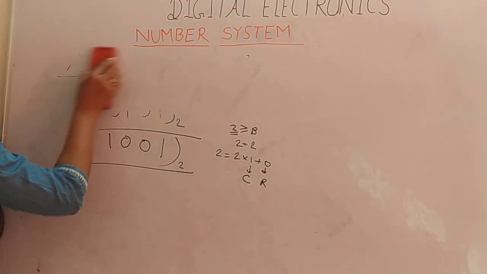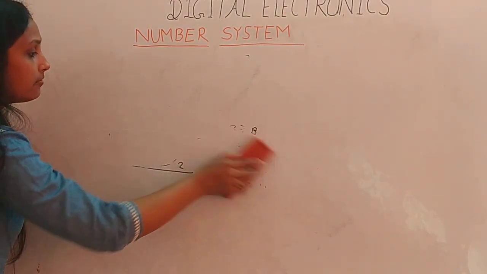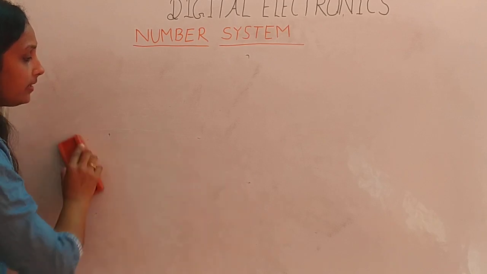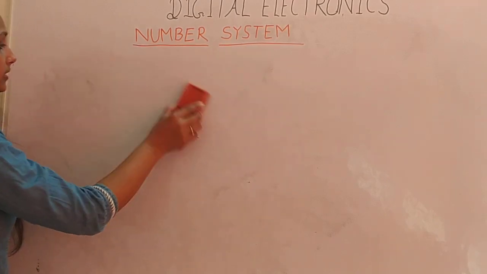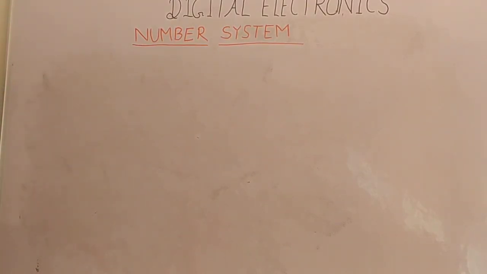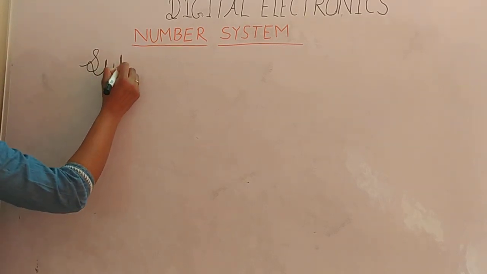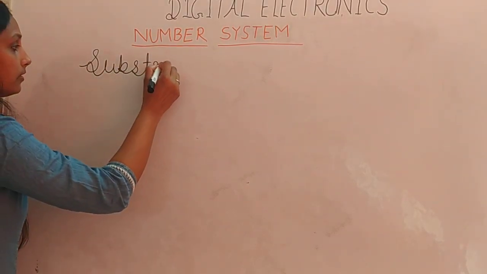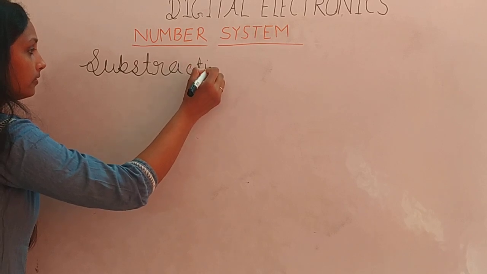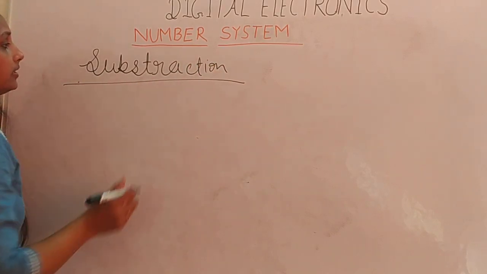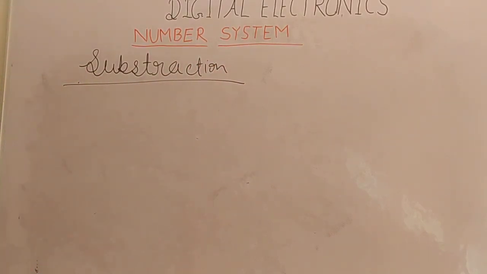Now we'll take some examples of subtraction. How to subtract in the octal number system. First we'll take an example of octal numbers. Like addition, subtraction is also not very tough.